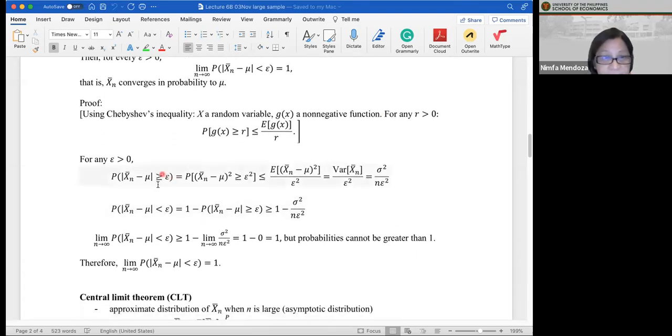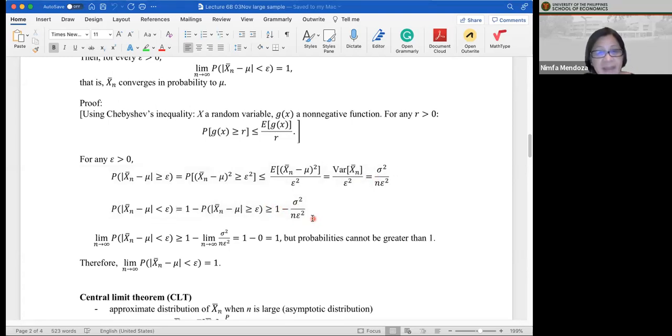If you get the complement of this event, the probability is 1 minus this probability. Then you reverse the inequality, and we have 1 minus this.